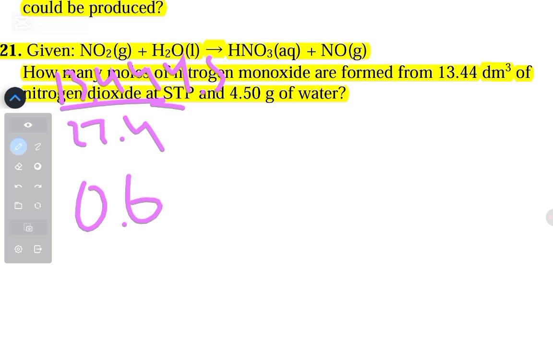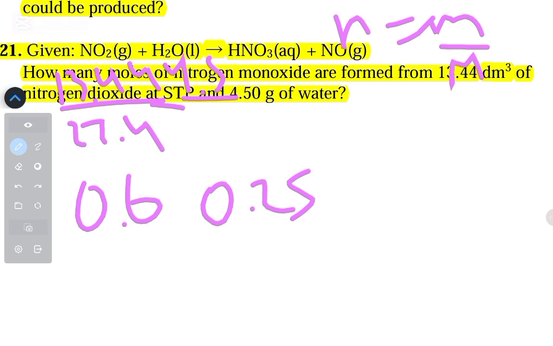Okay, n is equal to m over M. We have the mass is 4.5. Divide that by the molar mass of H2O. H is 1, O is 16, so that's going to be 18 because it's H2, of course. So 4.5 divided by 18 will give you 0.25.